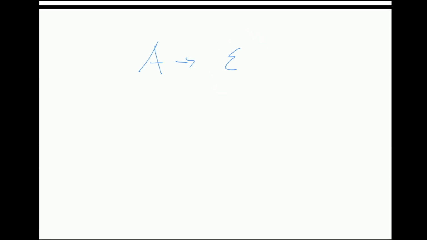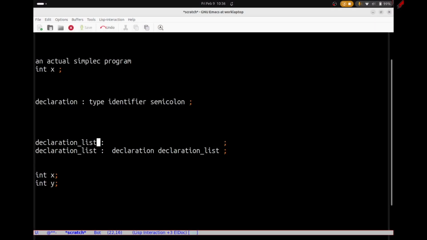So Bison has no epsilon in ASCII, so I put a comment. This is just a comment so that I don't forget that this is supposed to be empty. It's just like a comment in C, or the IBM joke, this page intentionally left blank.